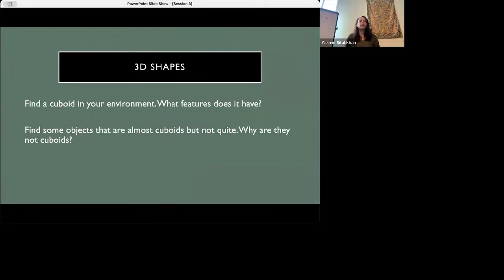Okay. 3D shapes. Can everyone just look around where they are and try to find a cuboid or a cube? I'm not sure. Do you call them cuboids or cubes in Kenya? Whatever you call it.